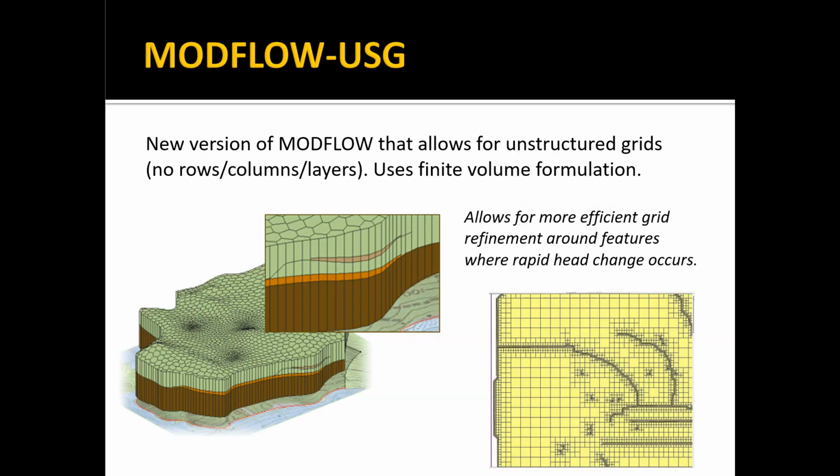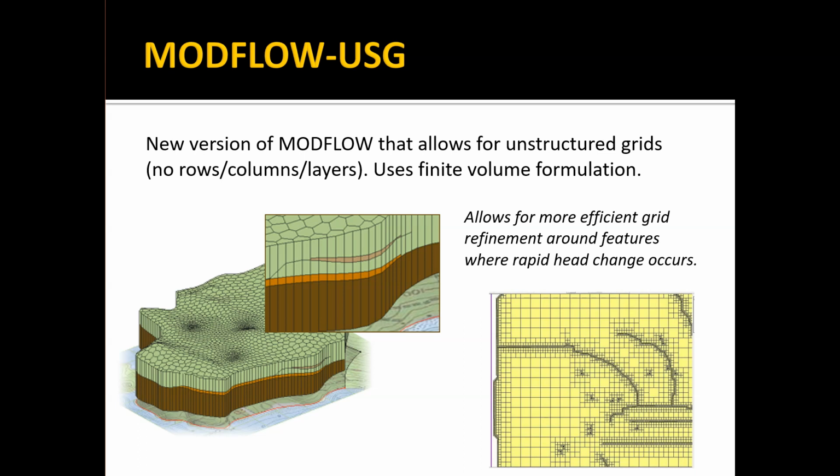Now, in recent years, there's been a new version of Modflow that uses what we call an unstructured grid. It does not have rows, columns, and layers. There are a number of ways that you can formulate the cells as shown in these different diagrams.